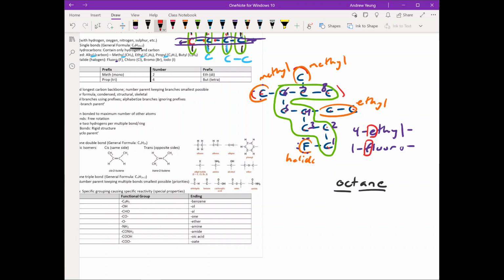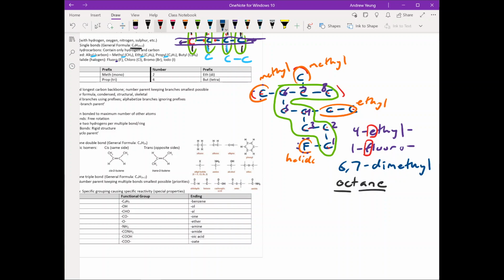I have 2 methyl groups here. I could totally have said 6-methyl and also 7-methyl. Seeing as I have 2 identical groupings here, I'm actually going to condense that into a dimethyl, but I'm going to still show the numbers here. Numbers and numbers are separated by commas, so 6, 7. I'm going to use that dimethyl to tell me there are 2 methyls somewhere in the picture. One of the methyls on 6, one of the methyls on 7.